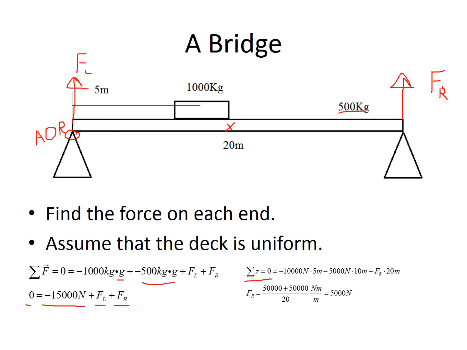So we have the torque generated by the weight of the car, which is going to be 1,000 kilograms times 10 meters per second squared, or 10,000 newtons, times 5 meters. F times r. Theta and r make a 90-degree angle.